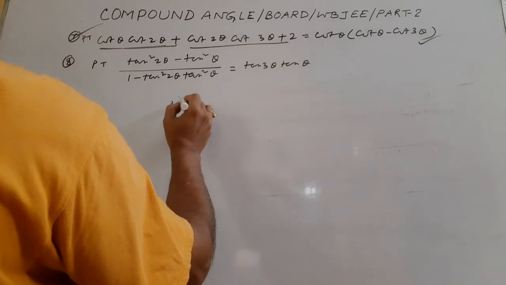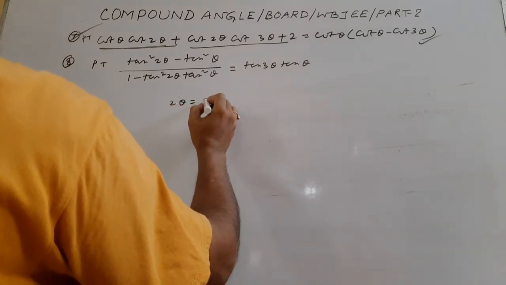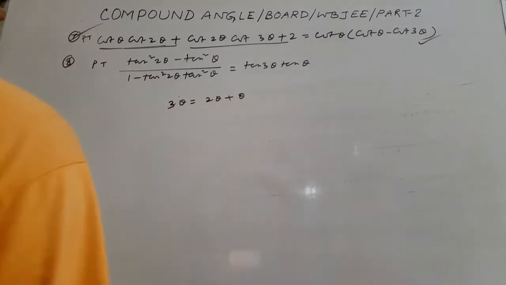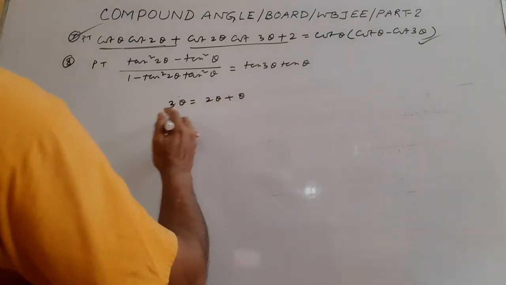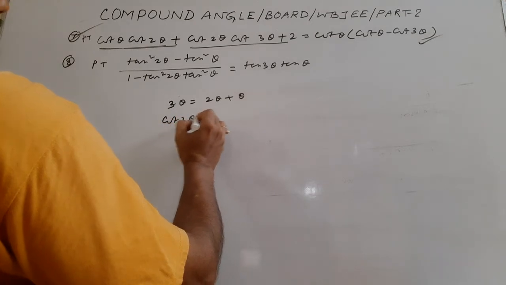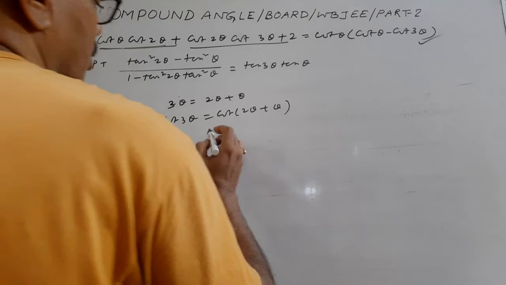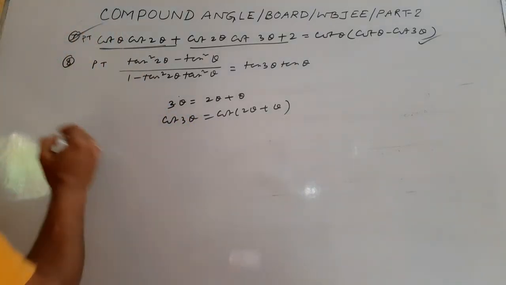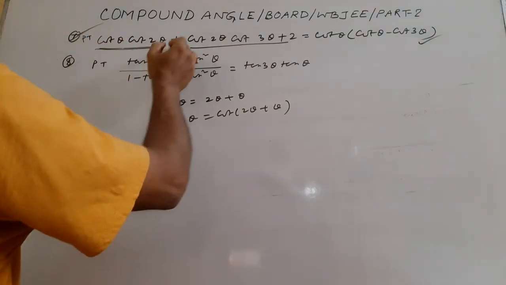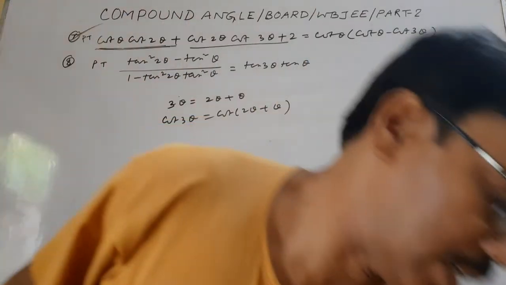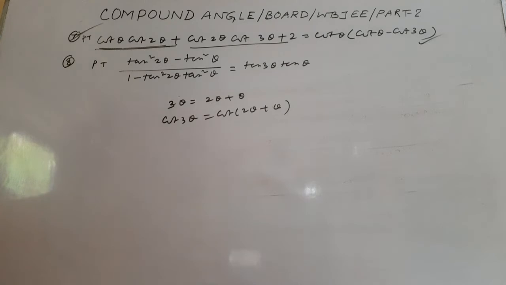So 3 theta equals 2 theta plus theta. So take cot on both sides, and find the product: cos 2 theta, cot 2 theta, cos 2 theta, cos 3 theta. Then you can also solve it.